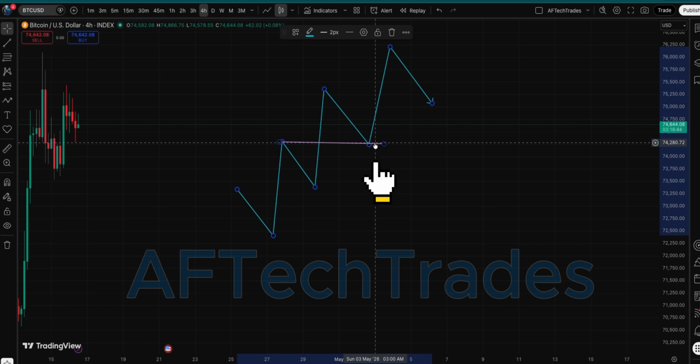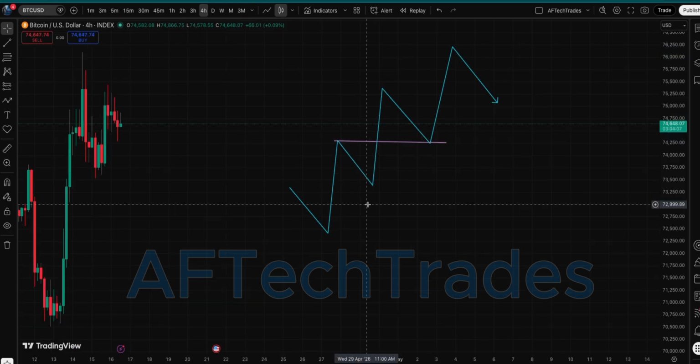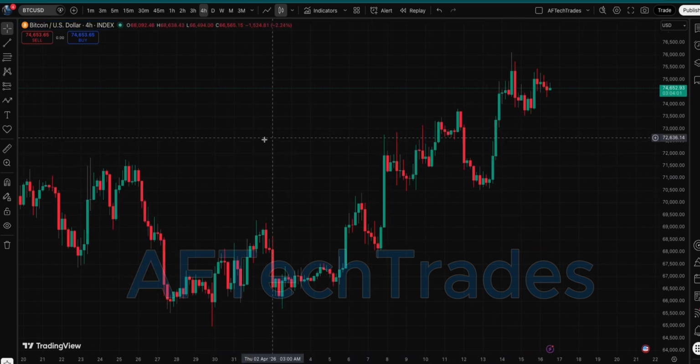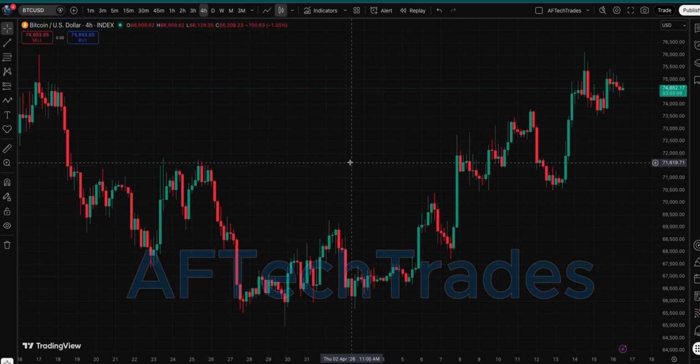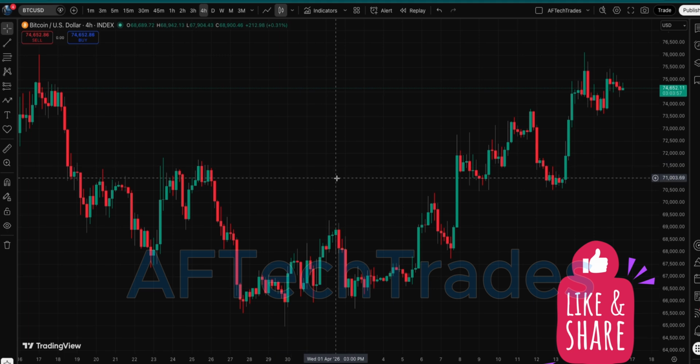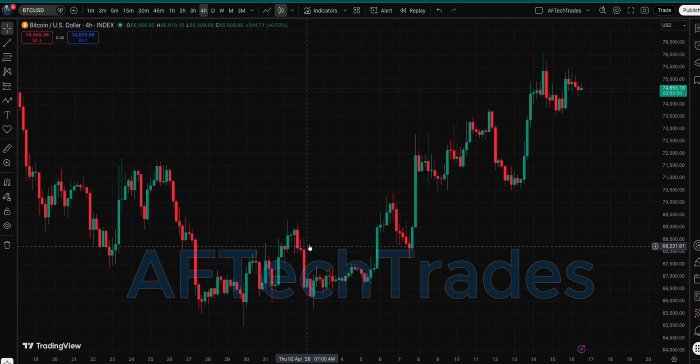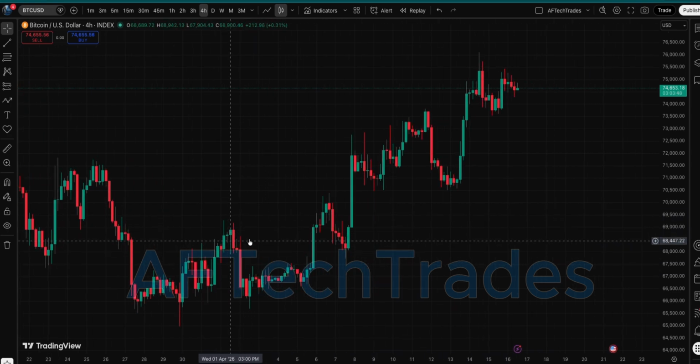So basically that is just the simplest way I can explain this strategy for you. Okay, so let's look at this chart currently. This strategy works on any currency pair, crypto, gold, GBP, USD, just wherever. So you can see we have a downtrend here, and what happened is a change of character. Change of character means the trend wants to change direction, right?